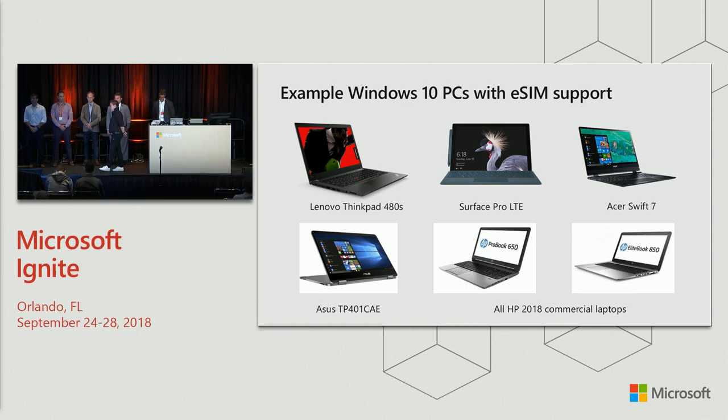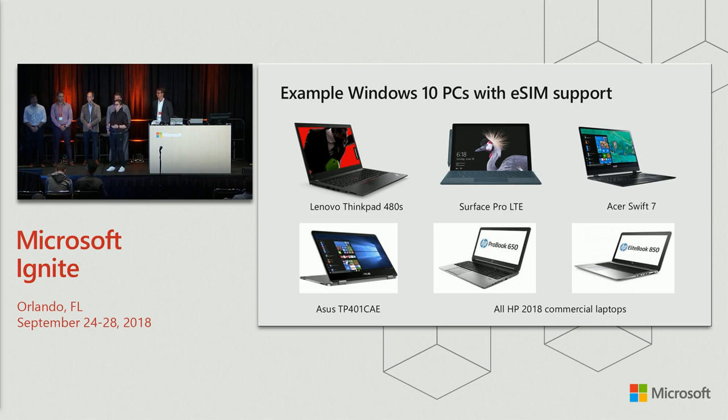Hold on a second. I'll let them talk a little bit, but let me get to the devices first. Surface Pro LTE is the first device that had eSIM. You might be familiar, Surface Pro LTE Advanced has been released since last year. It actually has eSIM in it. How many of you know that it does have eSIM?